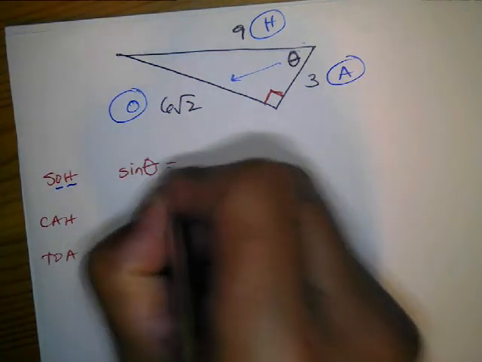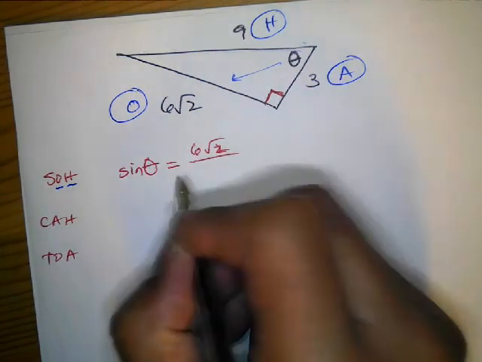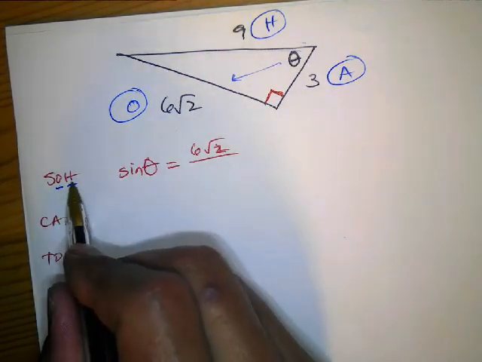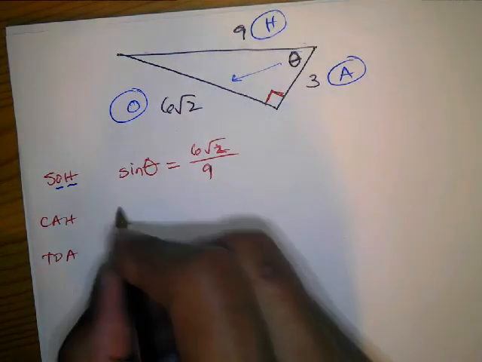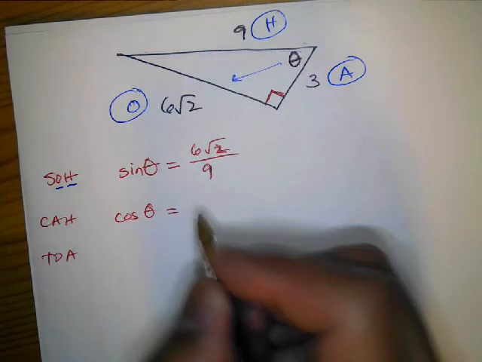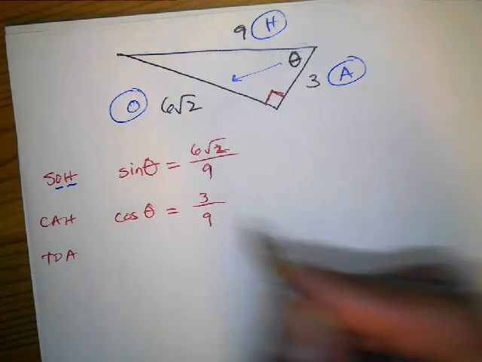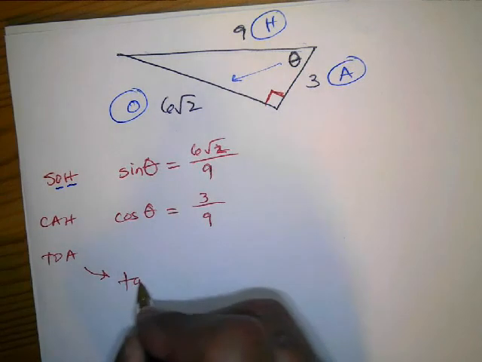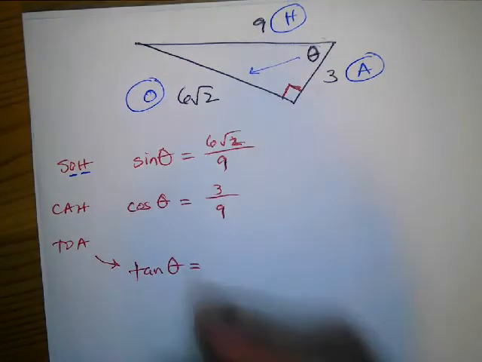Okay. So I know sine is O over H, so that's 6 root 2 over H, which is 9. Okay. For the cosine, it's A, 3, over H, 9.